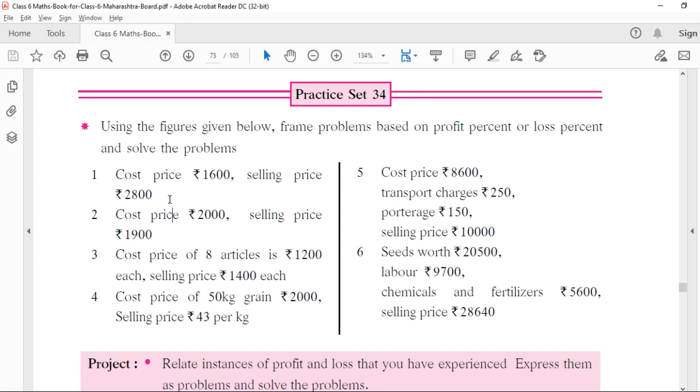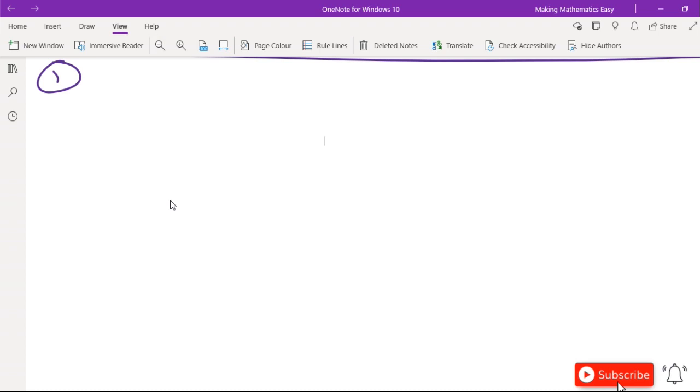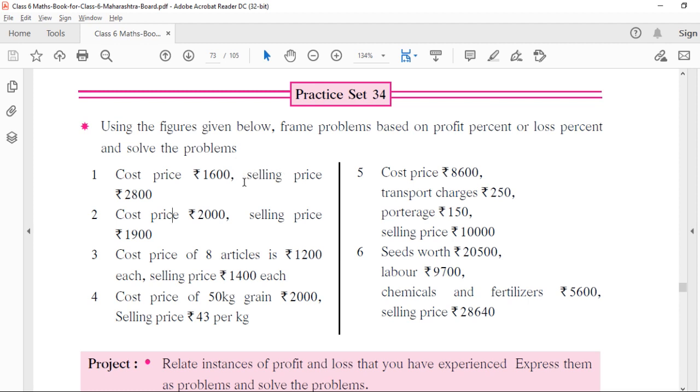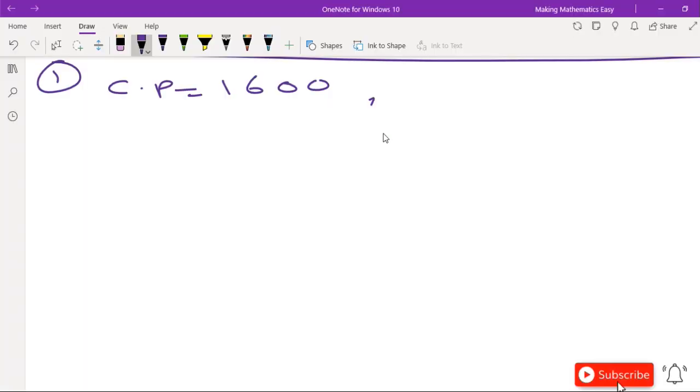So the cost price is 1600 rupees and the selling price is 2800. By comparing cost price and selling price, we can come to know that in this case there is a profit.